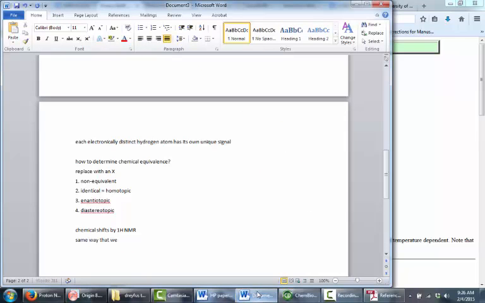The same way that we see distinct chemical shifts for carbon-13 NMR, we also see distinct shifts by proton NMR, and again that correlates with how much the neighboring atoms are or are not able to shield those protons from the applied external magnetic field. You can find a table in your book that talks in detail about where you should see different protons in the NMR spectrum.